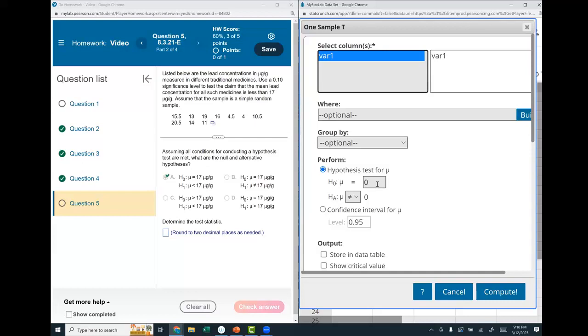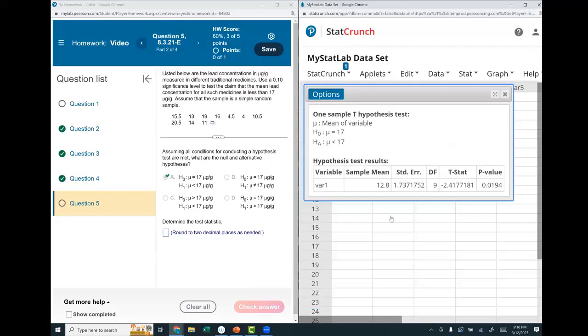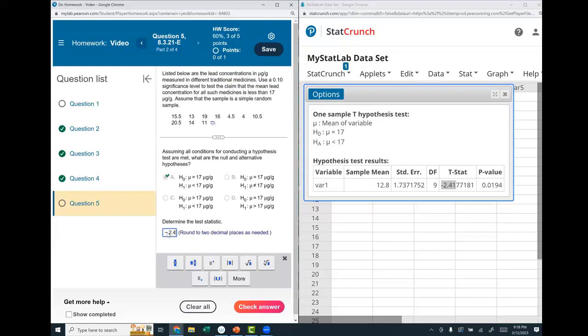Our hypothesis test is 17 and less than 17. Compute. And there's our test statistic to 2 decimal places. So I'm going to change that last 1 to a 2. And check.